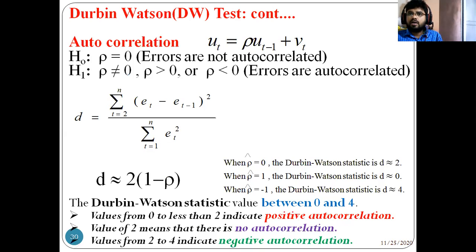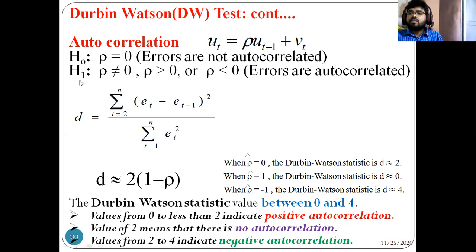H0, the null hypothesis, is rho equal to 0. What it means is the coefficient of the previous error term is 0, nothing but the present error does not depend on its previous error. That is, errors are not correlated with the preceding or previous error term.